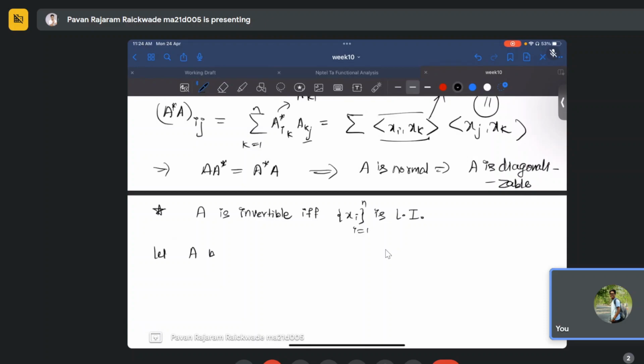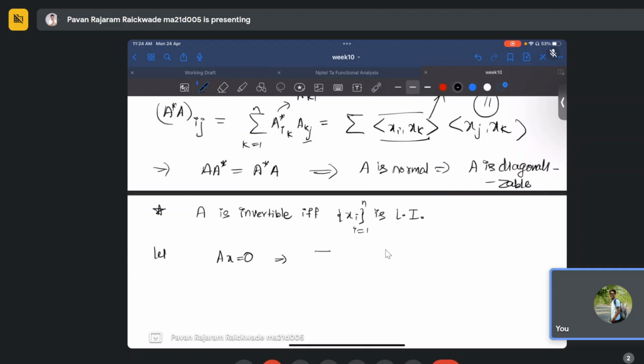Let A be invertible. Invertible means what? Here in a finite dimensional space, even if we prove it's injective, we are done. So let Ax equal 0.